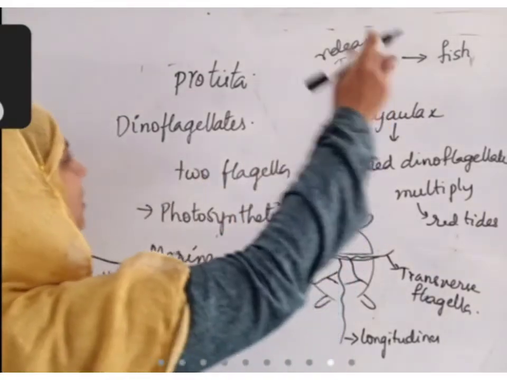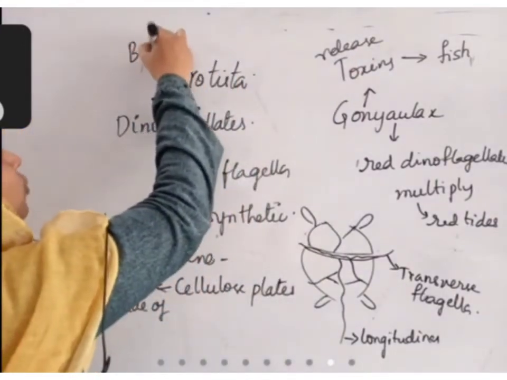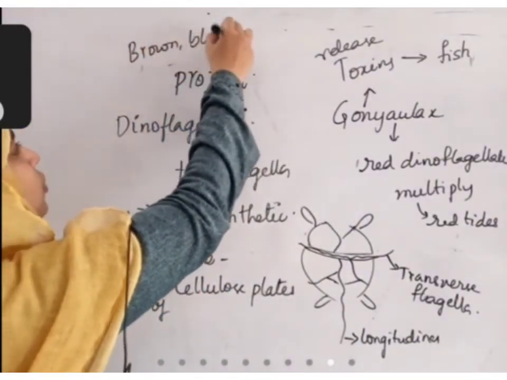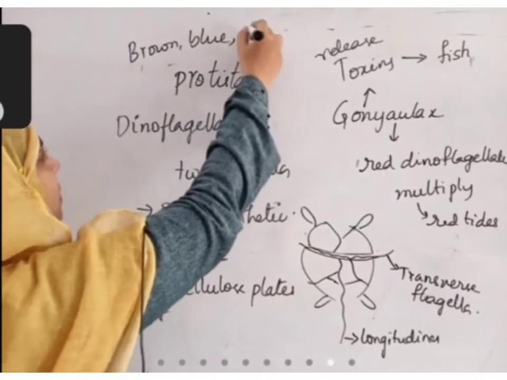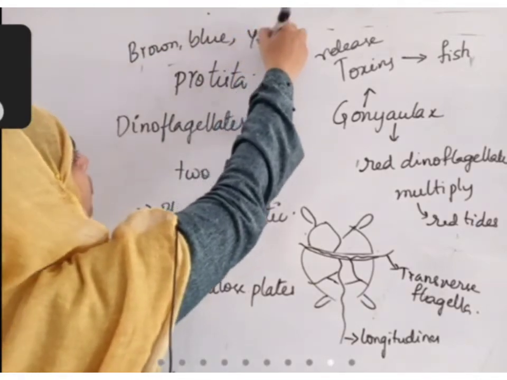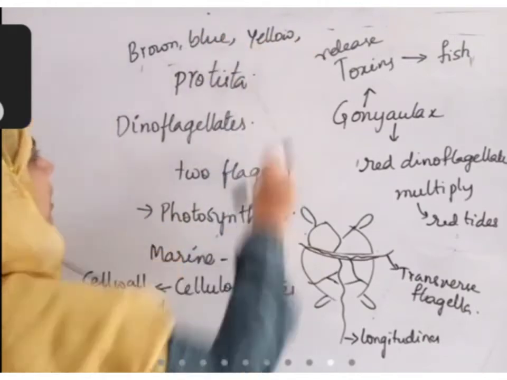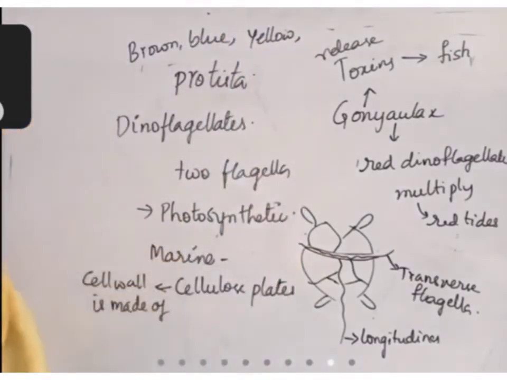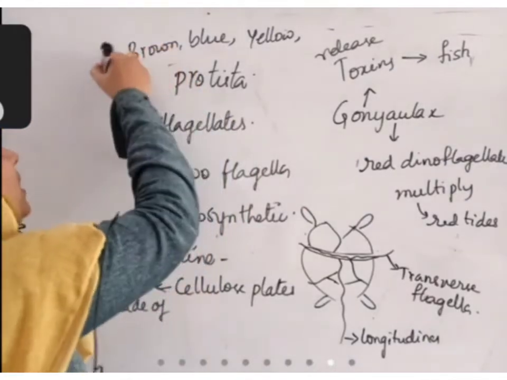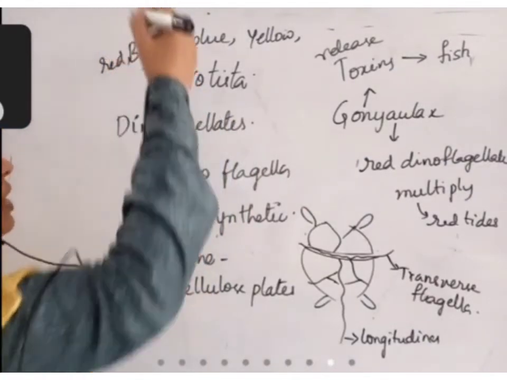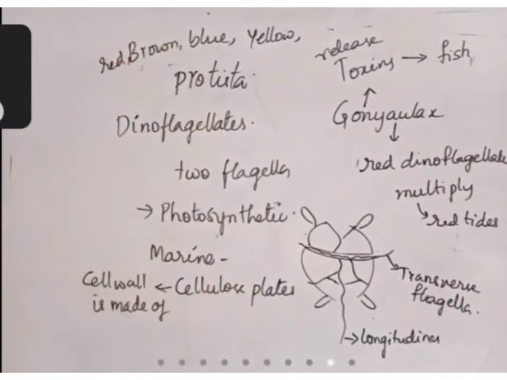They are not only present in red color, you can see them in brown color also, blue color also, and yellow color also. Like this, different colors like yellow, brown, blue, red, and one more color is there. What is that? I'll tell you.